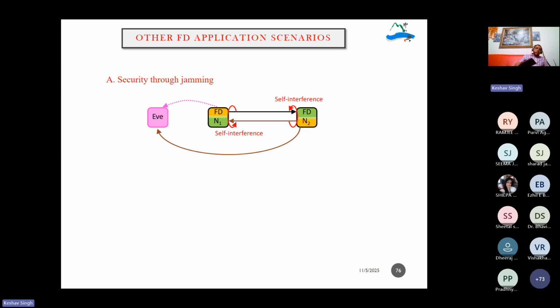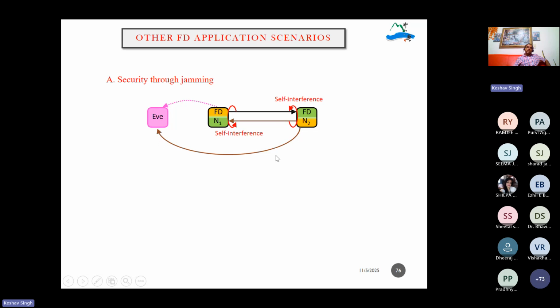And this is a very nice example, an application of full duplex in order to make the system more secure, especially at the physical layer. So for physical layer security, you can see two systems operating in full duplex mode, and there is one eavesdropper. It wants to intercept the signal of N1. Now here N2, instead of transmitting a signal to N1, generates a jamming signal. That means it transmits the jamming signal.